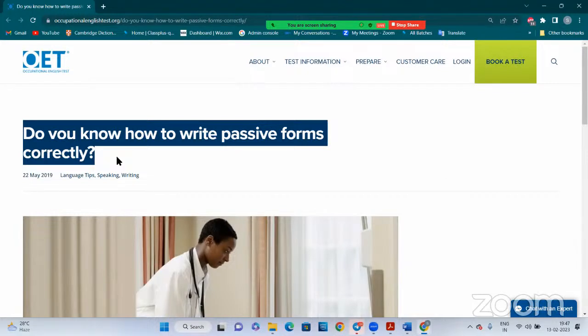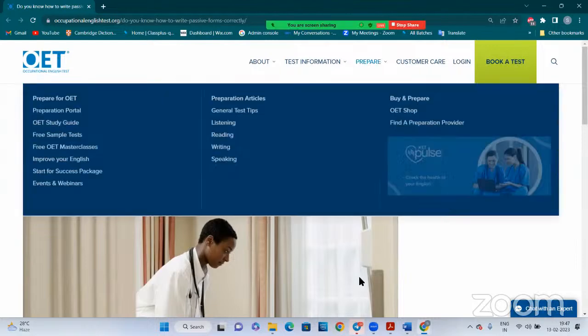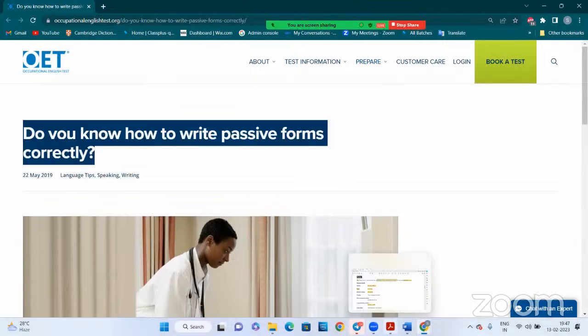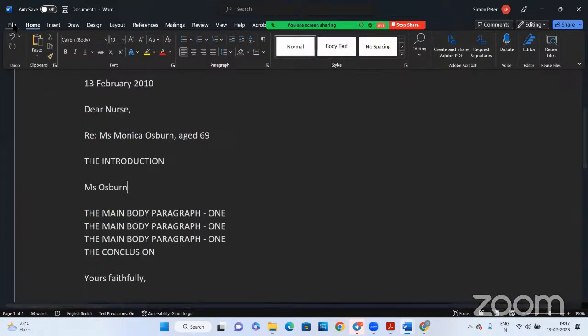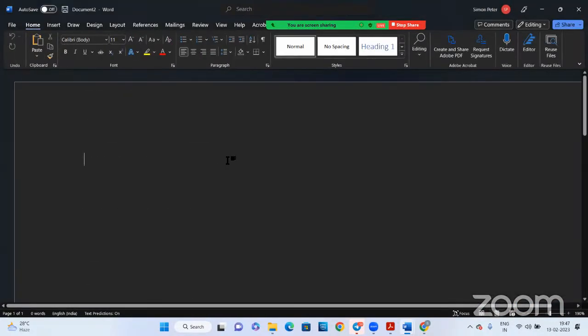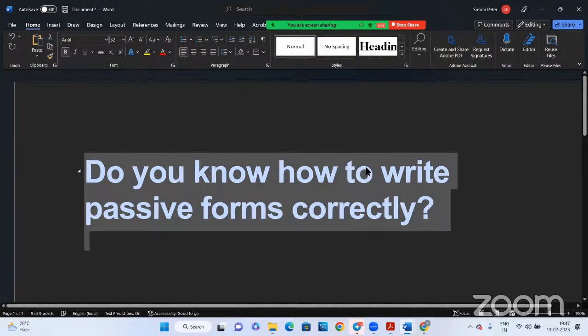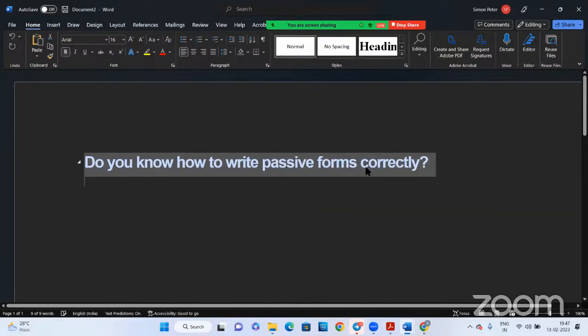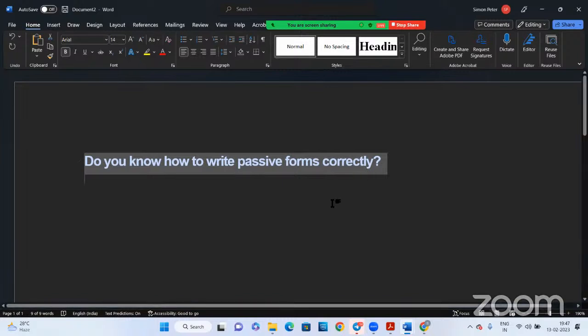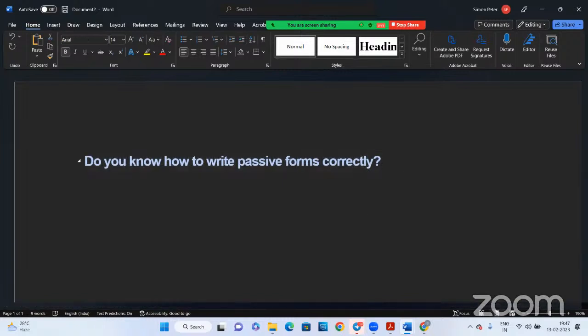So there are 3 points here. The first point is, you should know that passive forms are important.